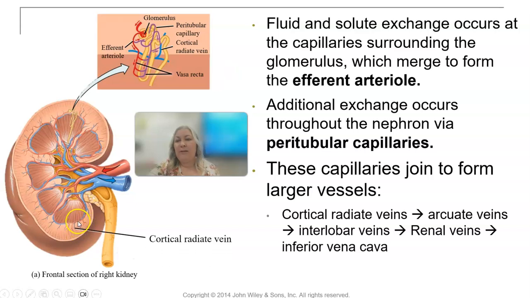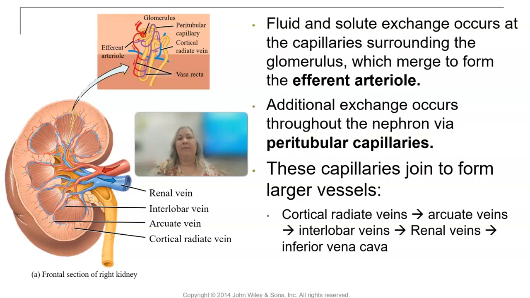So it's going to drain material, and then it's going to go around the corner of our renal pyramid. So we call it the arcuate vein. Then we have our interlobar vein, and then we have the renal vein. So for some reason, the one they skip is segmental. I'm not exactly sure why, but other than that, this structure of drainage is exactly the same as the order that we bring materials into the kidney.